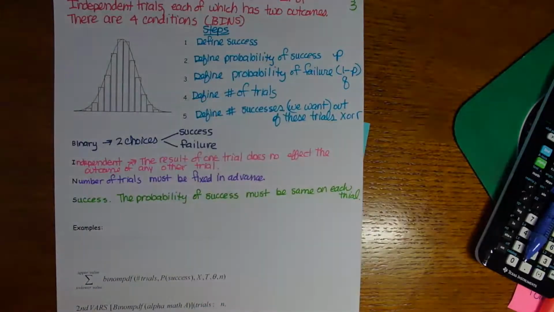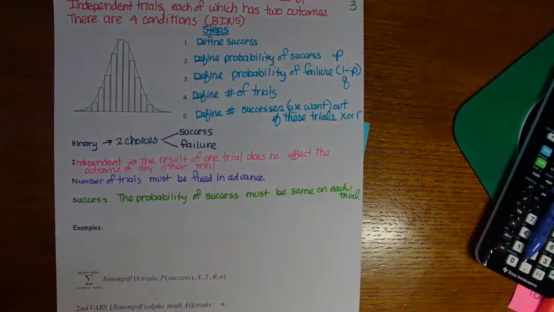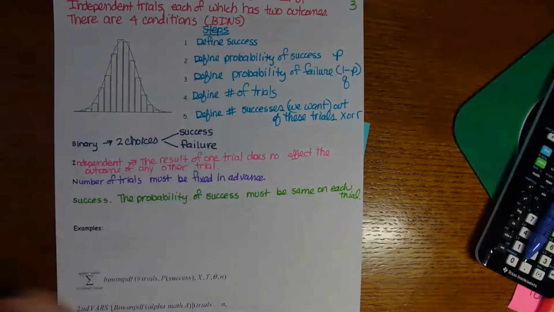What's the probability of doing that? What's the probability of failure, losing the bet? How many times are we going to do this? And what do we want? How many times can I pick a queen? Or what's the probability that I'll get a queen at least 8 times when I randomly pick, right? So that's what you want.